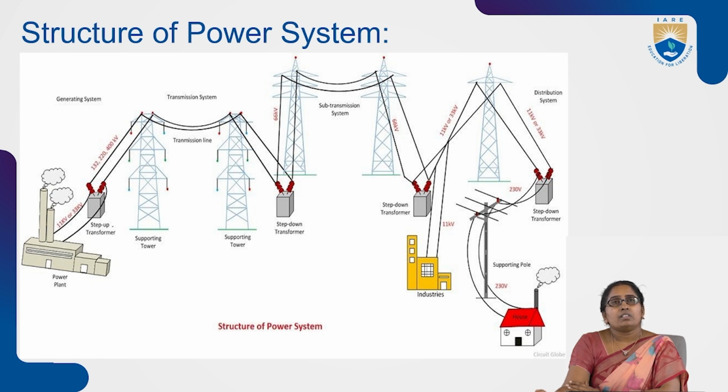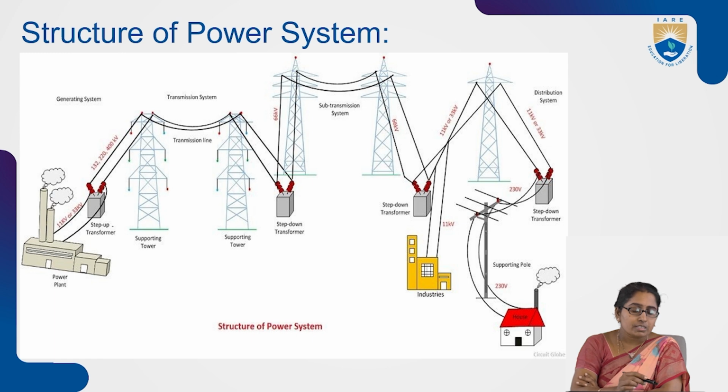First, on the left side, is the generating system, then the transmission system, and before distribution there is a sub-transmission system.